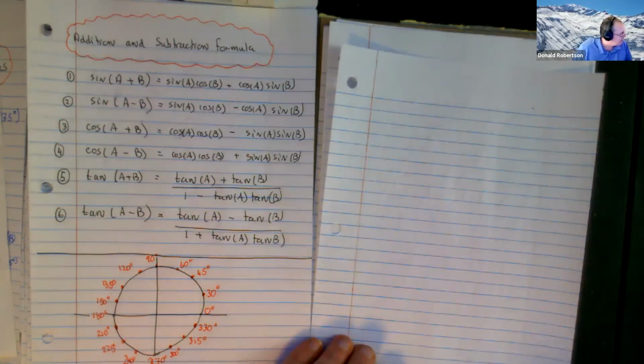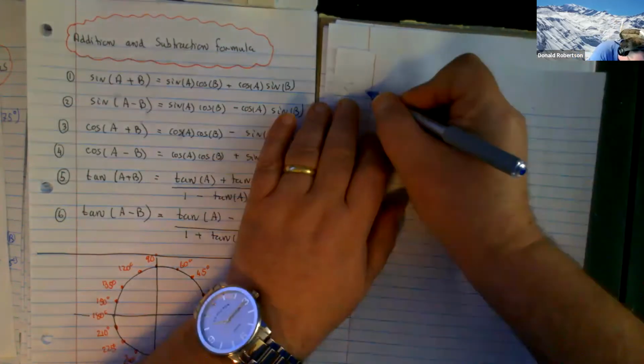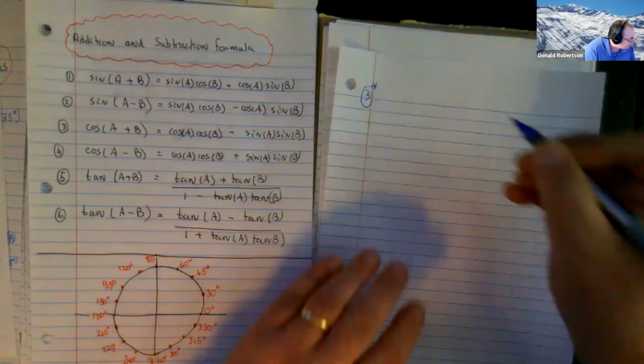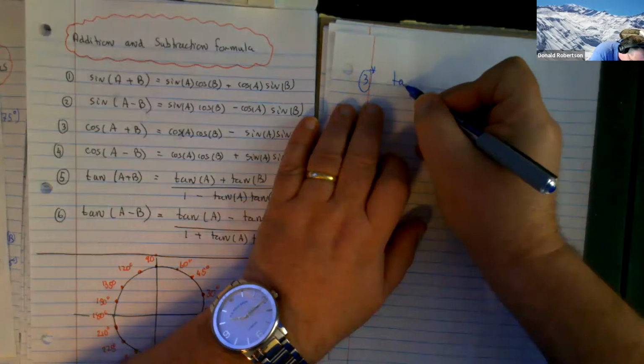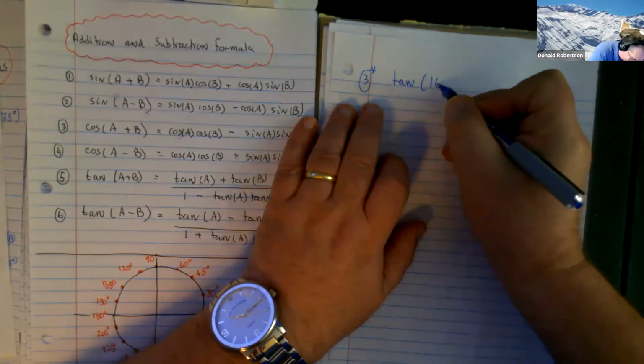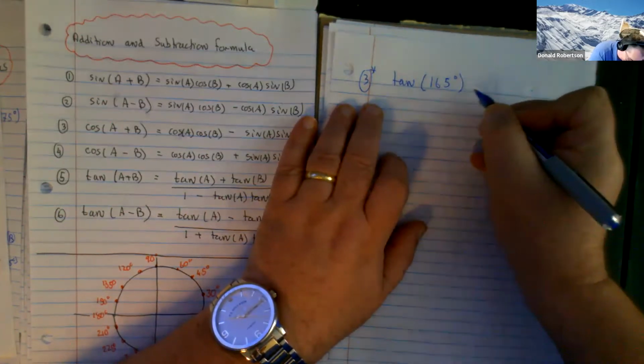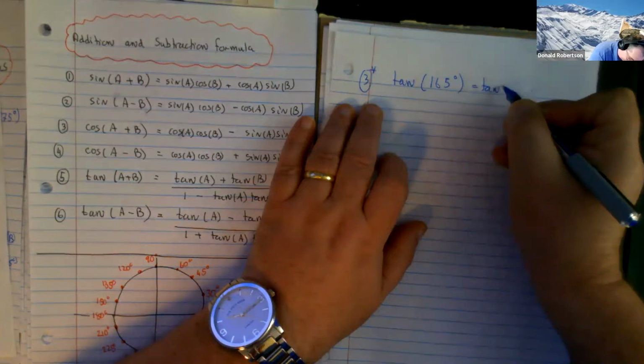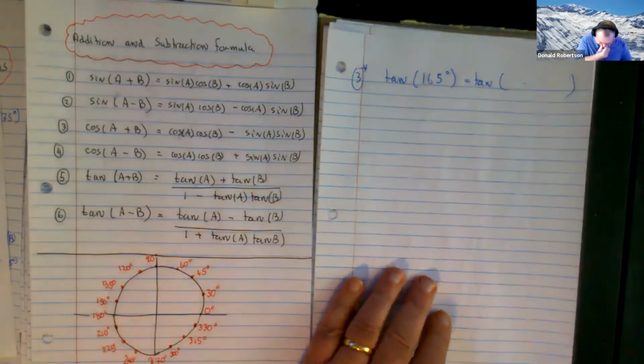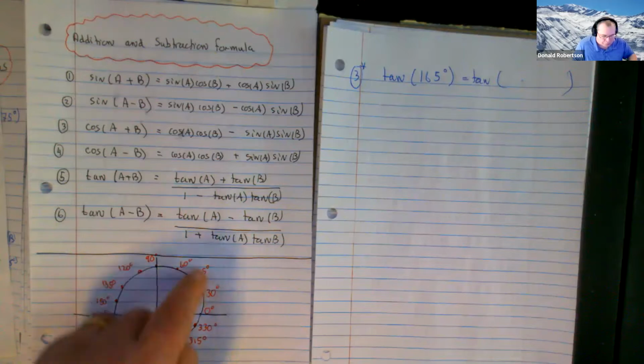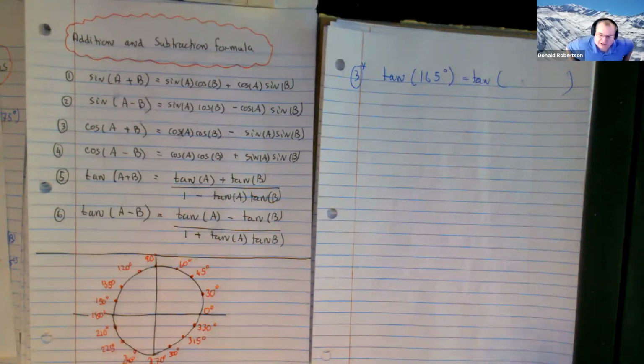Let's find another guy then. They seem to like 5s for some reason. Let's do a version of 3. Oh, good, a tangent. 165 degrees. Okay. Here's my little baby circle with just the degrees in it.